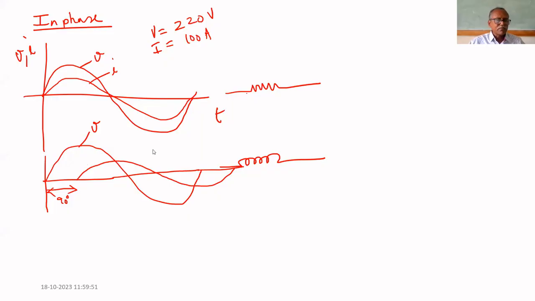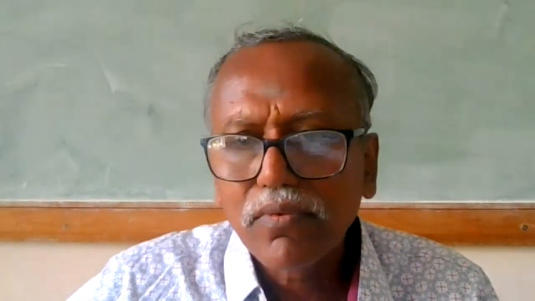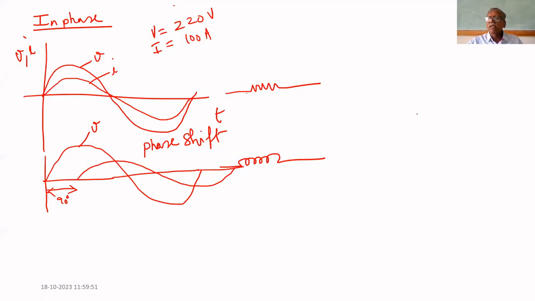So if it is a pure inductor, note the word pure inductor. It means copper doesn't have any resistance, and if the angle is 90 degree, there will be a phase shift only.